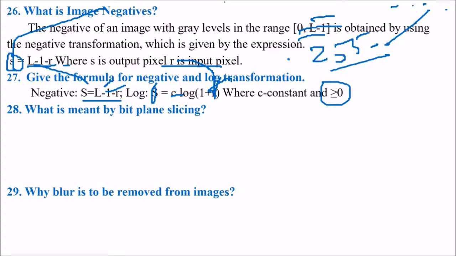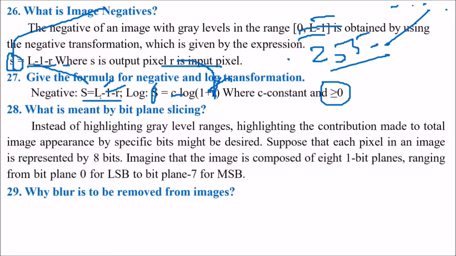What is meant by bit plane slicing? Instead of highlighting gray level ranges, highlighting the contribution made to the total image appearance by specific bits might be desired. We have already seen gray level highlighting. Suppose that each pixel in an image is represented by 8 bits.